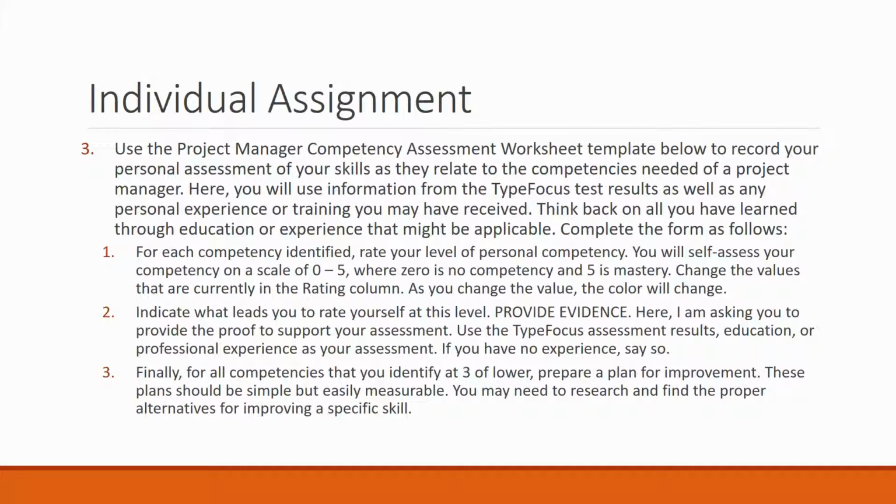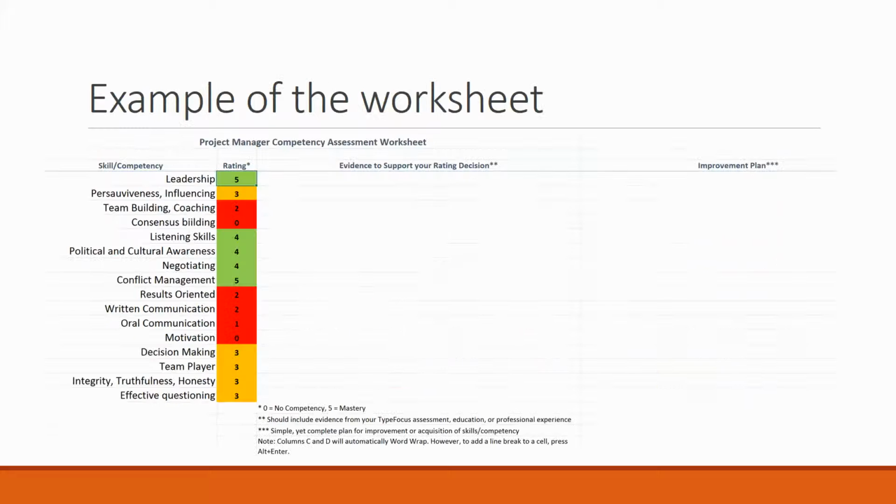You can use the Type Focus results, you can use your education, professional experience, personal experience, whatever, but you need to be able to support your assertion that you're a 4 in a particular area. Why? What makes you a 4? What makes you a 5? What makes you a 3? Okay. And then finally, for any of the competencies that you identify at 3 or lower, you're going to prepare a plan for improvement.